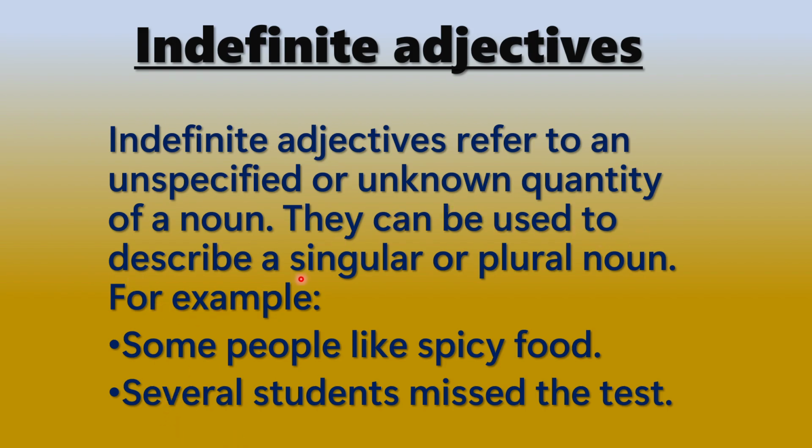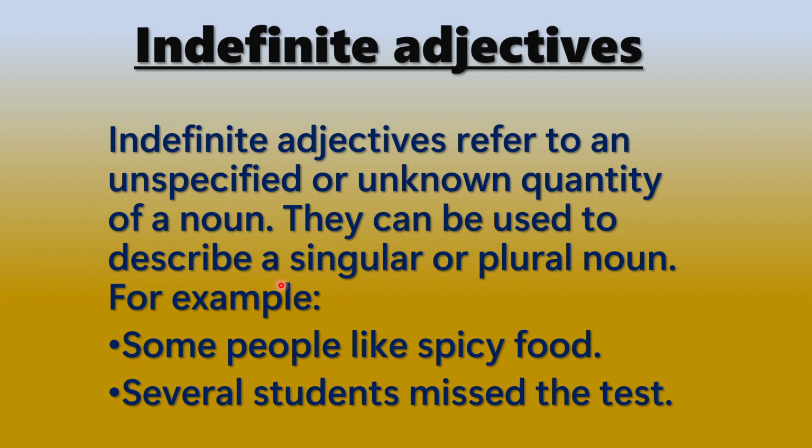See, they can be used to describe a singular or plural. Some. They have not given you a correct number of how many. It's only written some. Here, it's again written several. They have not given you here also a proper number. So where a proper number is not given, these types of words are used. It's known as indefinite adjectives. See, indefinite adjectives refer to unspecified or unknown quantity.